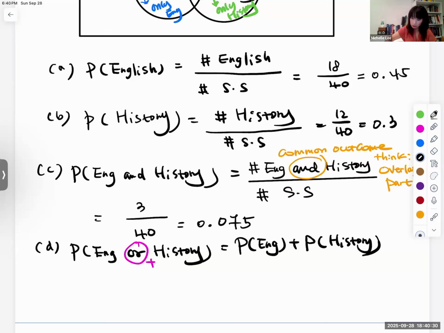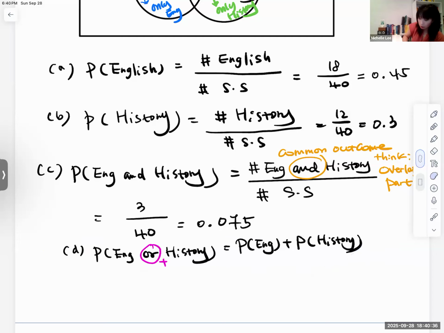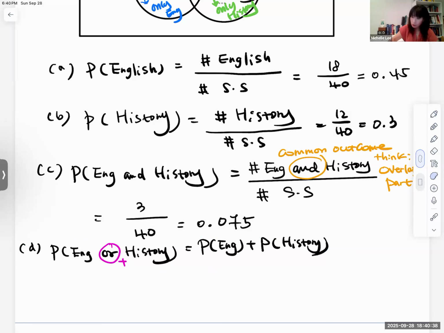And let me make a little bit smaller so that I can make one line. Okay, then take away English and history. Yeah. So that part is not disjoint part, right? Not disjoint.